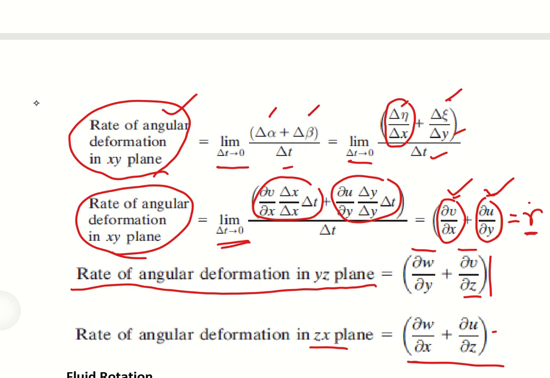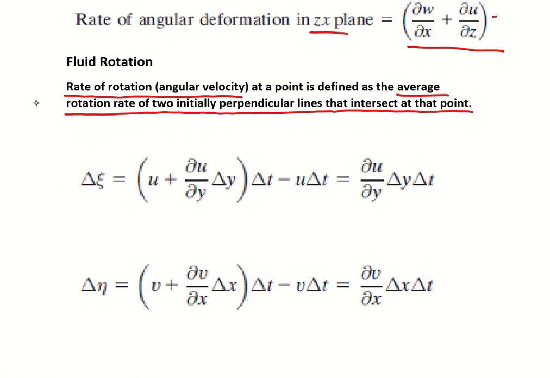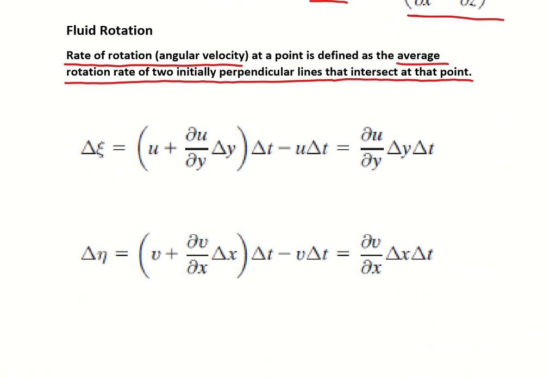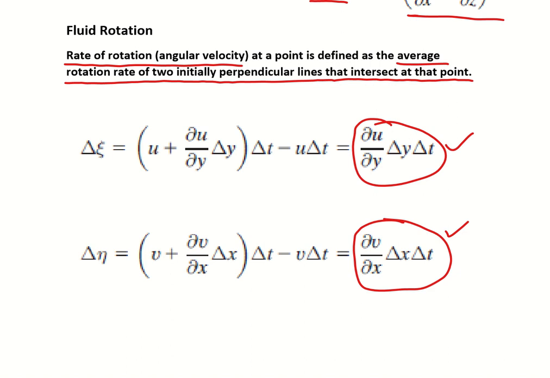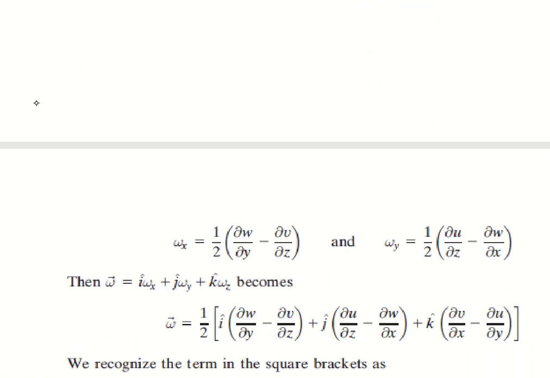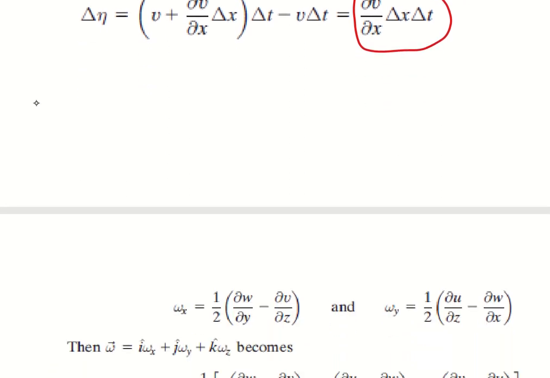As per this definition, we want to calculate the rate of rotation. This is written again here for the sake of completeness, but we have already calculated delta xi and delta eta, and based on that we have already calculated delta alpha and delta beta.